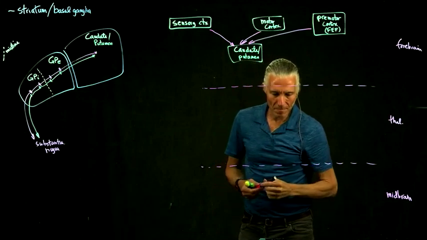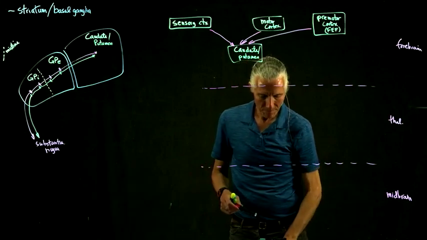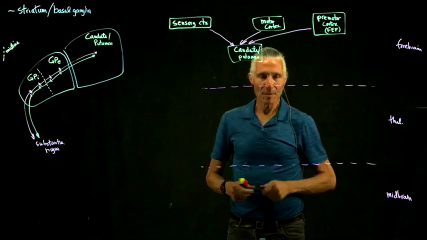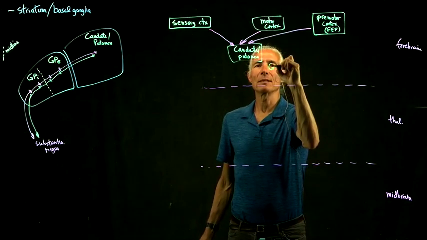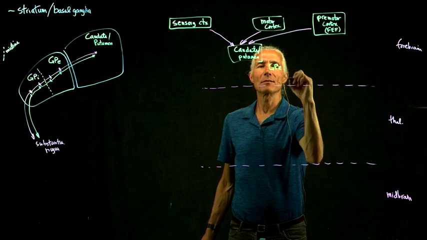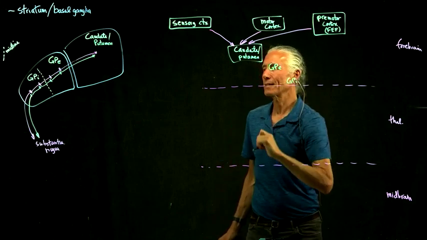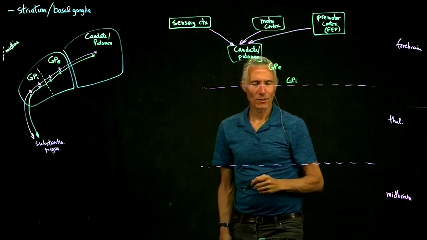Then there's a projection down to the 2 parts of the globus pallidus, and we have to distinguish these because they're quite different from each other. So here's GPE and GPI, that's external and internal.